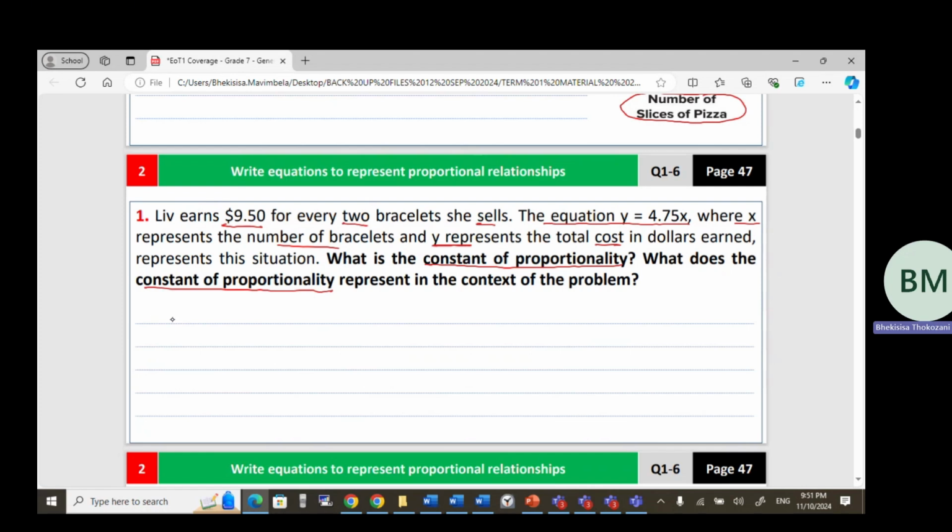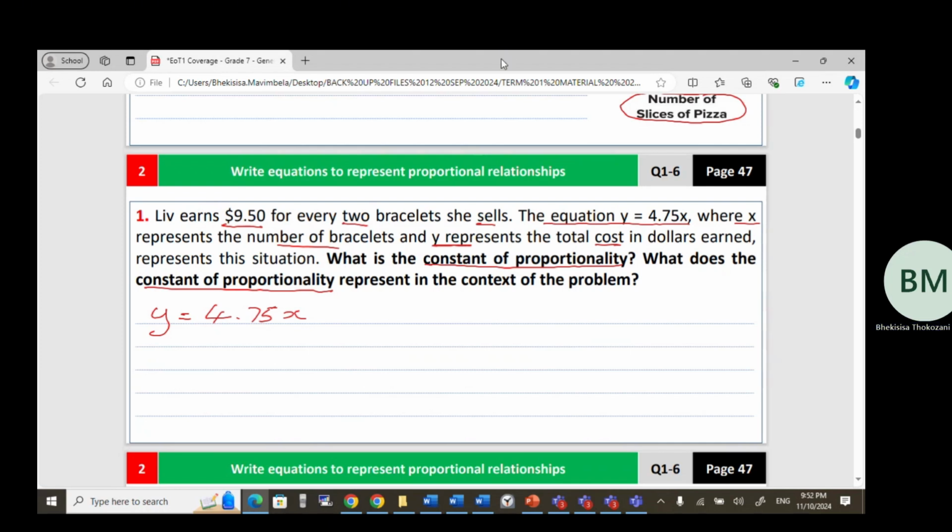So firstly, I will say just take the equation, and the equation here is y equal to 4.75x. That is the equation. So just forget about this 9.50 and all of that. Just go straight to the equation.